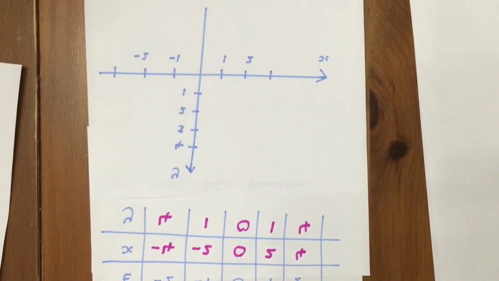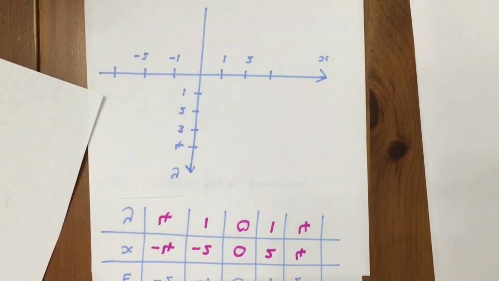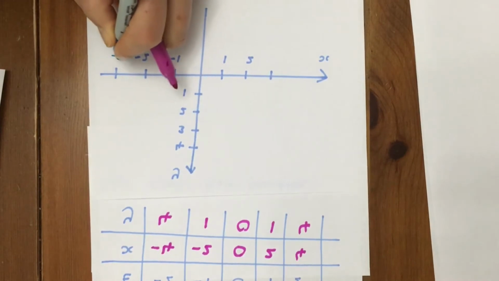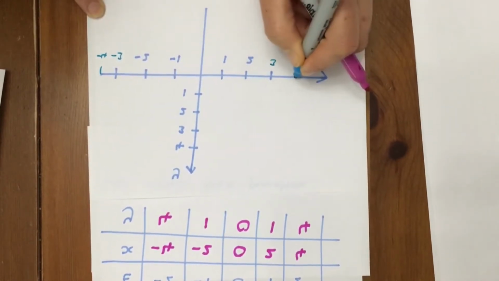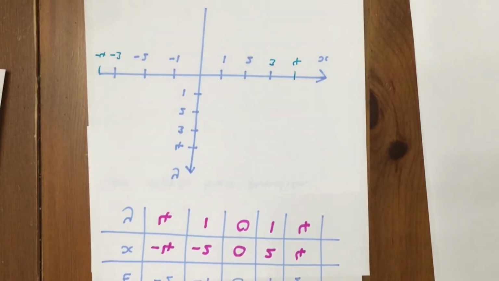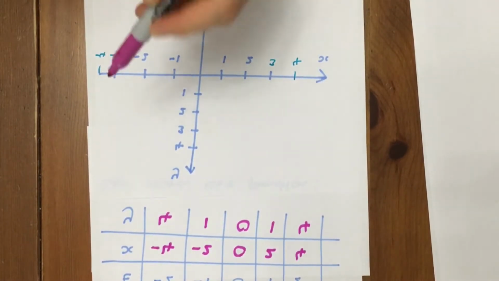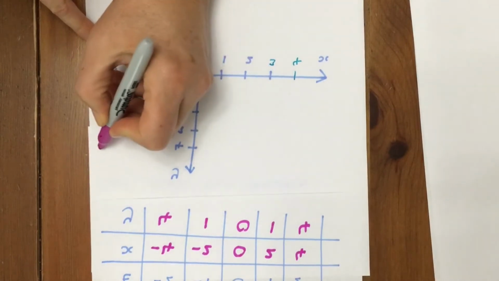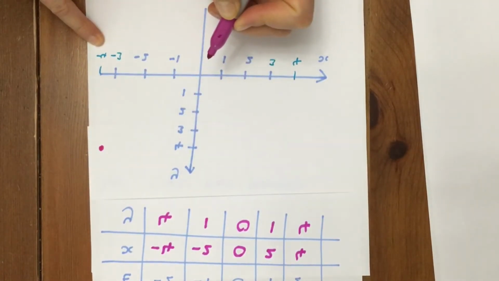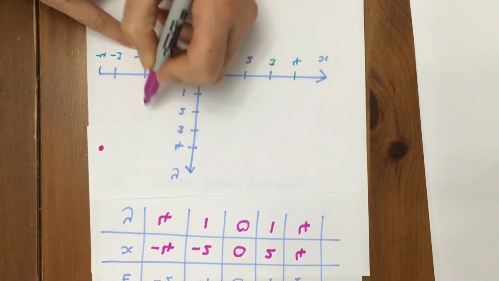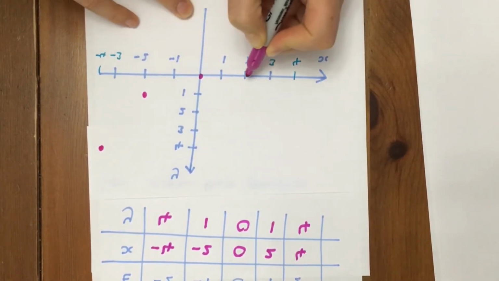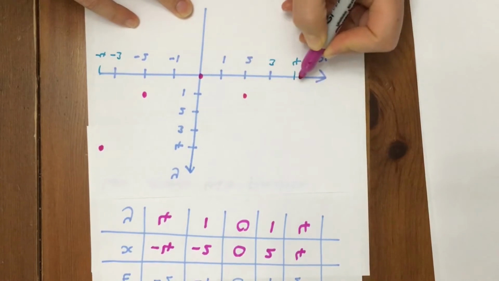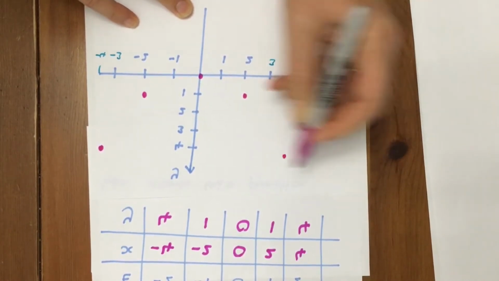So I've got to make this a little bit bigger. So let's go -3, -4, 3, 4. So when x is -4, y is 4. When x is -2, y is 1. 0, 0, 2, 1, and 4, 4.